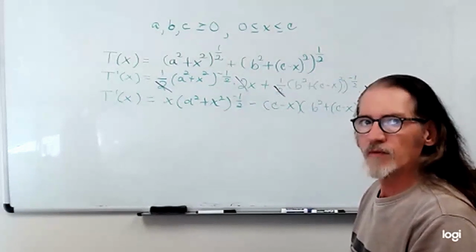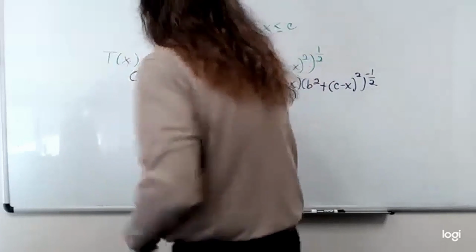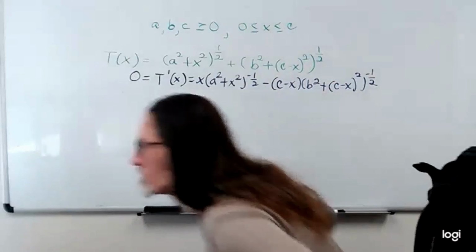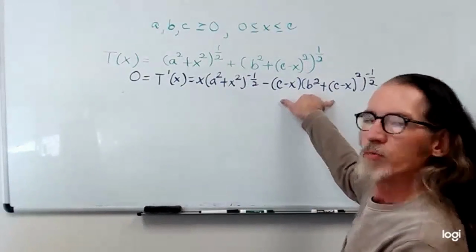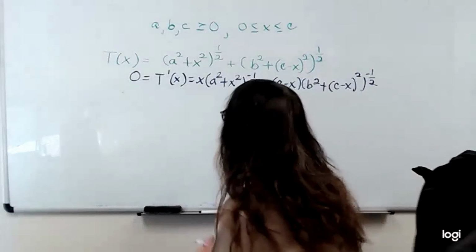So now I need to find out, where does that equal 0? Let's add this portion to both sides.